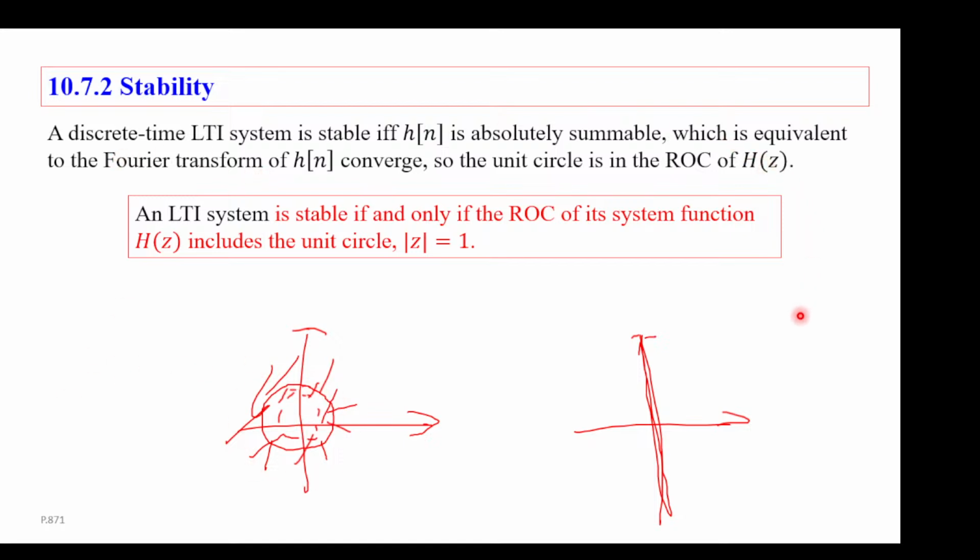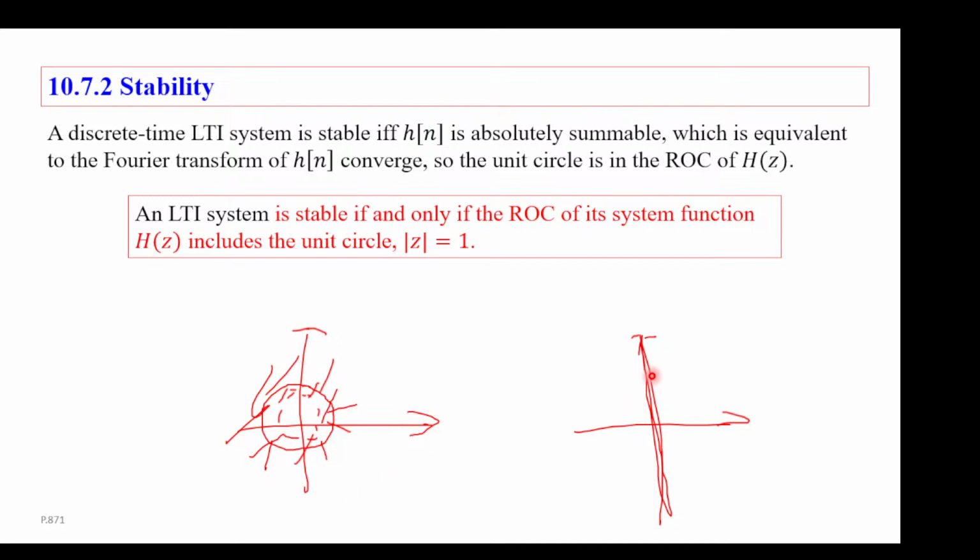Although this derivation is a bit shaky, we think the system is stable if and only if it has a Fourier transform that converges. That means the ROC includes the unit circle, |z| equal to 1.